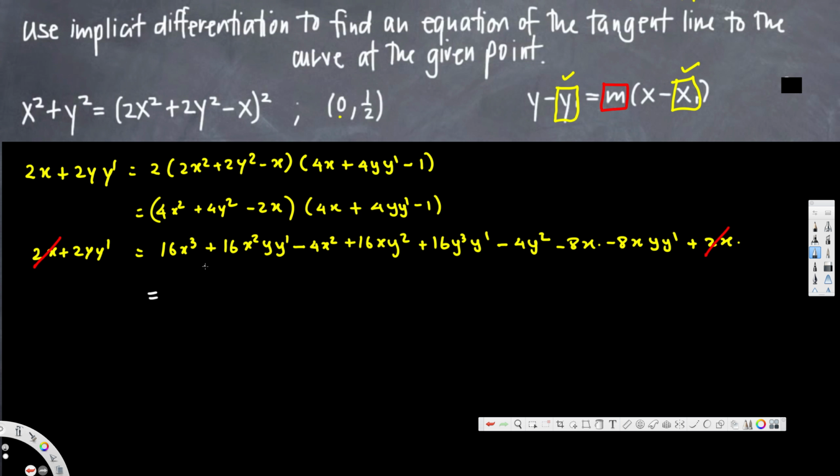Okay, but I think I made a mistake here. This 8x should be 8x square. Okay, let's see. 4y square came from multiplying this one with negative 1, then negative 2x times 4x, that's negative 8x square.